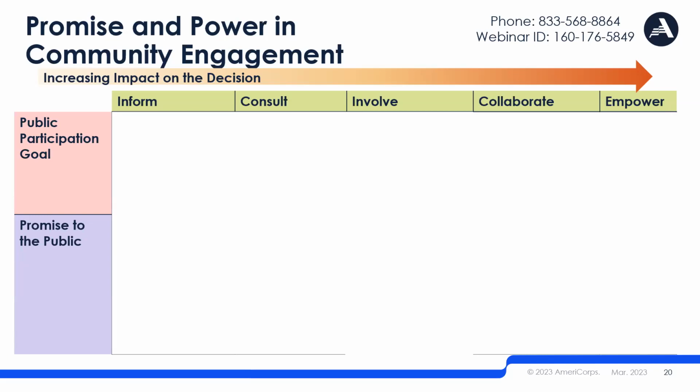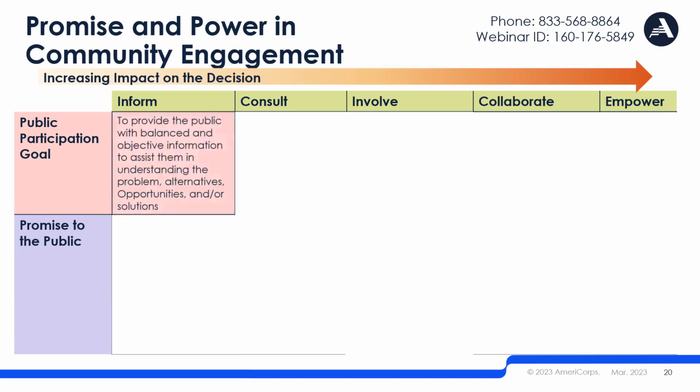This is built specifically for public participation that focuses on decision making. Notice the arrow across the slide near the top, indicating increasing community impact on the decision. For each of these modes of participation, I'm going to read the goal and the promise to the public we make when we engage them.